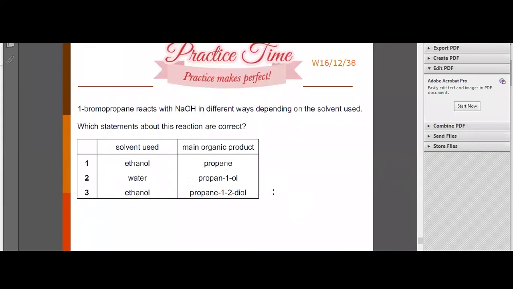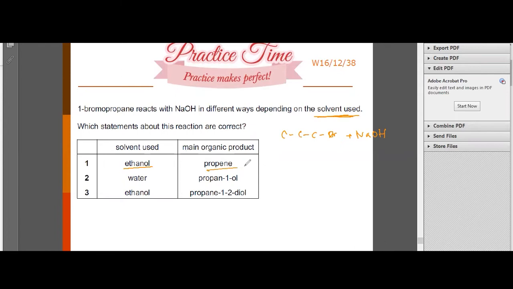Now, let's try this. Let's discuss the answer. 1-bromopropane reacts with NaOH in different ways depending on the solvent used. With ethanol as solvent, the main organic product is propene.